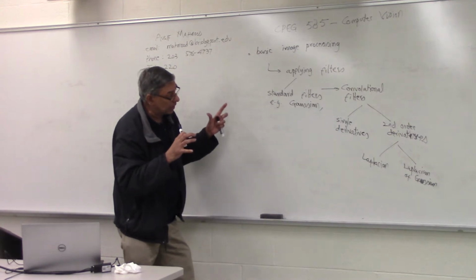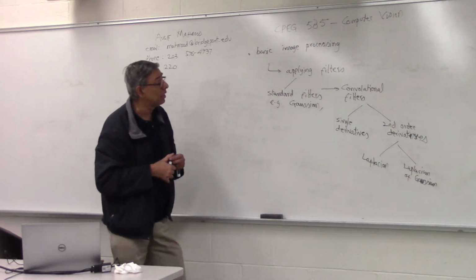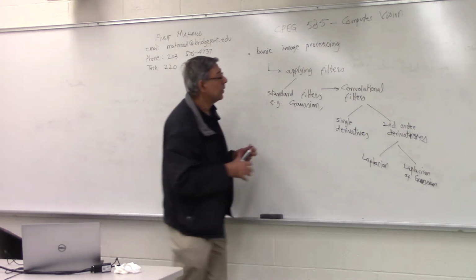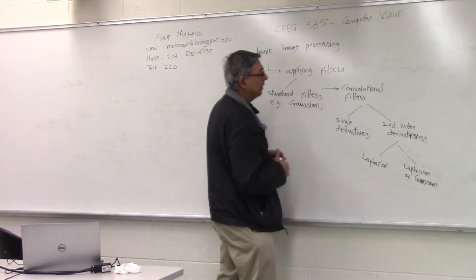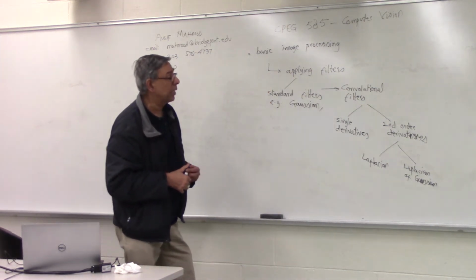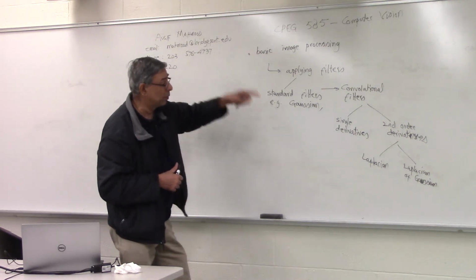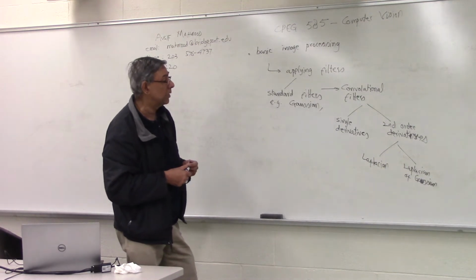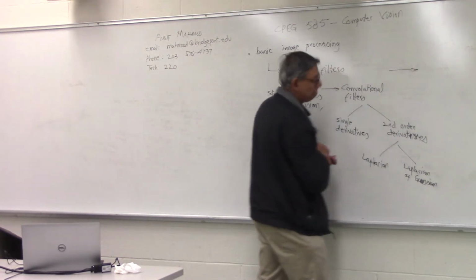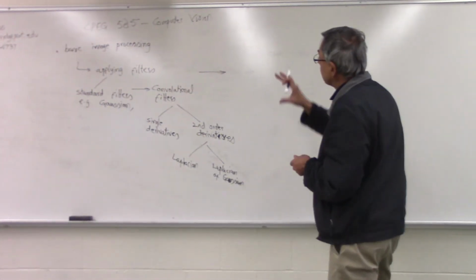As we go into more detail, you'll get a much better handle on how these filters are created, designed, and what kind of effect they give us as we apply them to an image, right? Okay, so after learning some of the fundamental theory, as well as programming it and learning these convolutional type of filters, both first order and second order derivative based, then we'll take a look at vision.